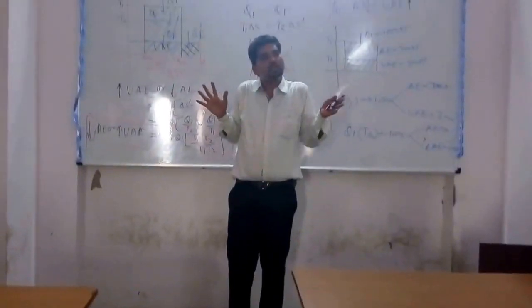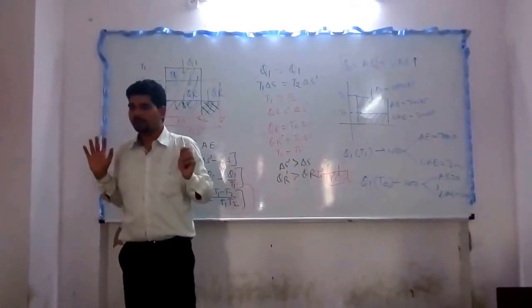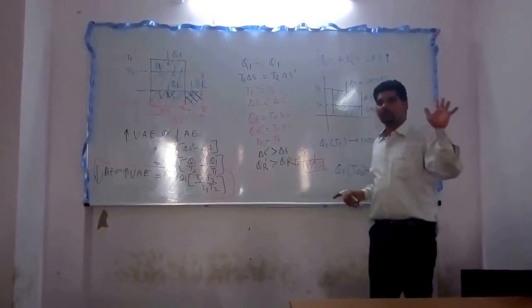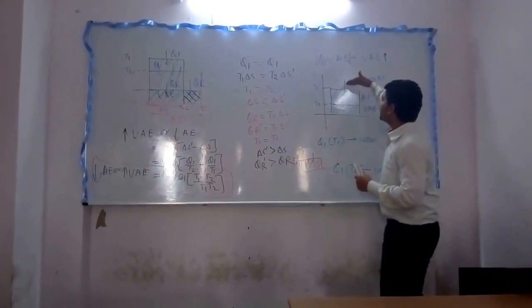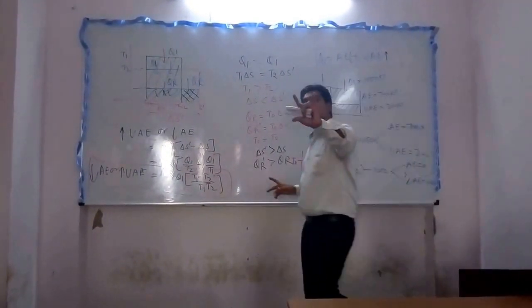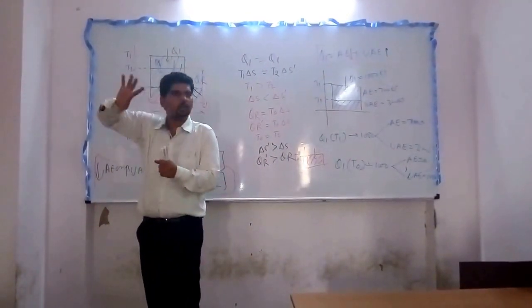The first law says whatever we supply is equal to whatever we gain. That's why the first law of thermodynamics is always known as the quantitative law. It only sees the quantity.